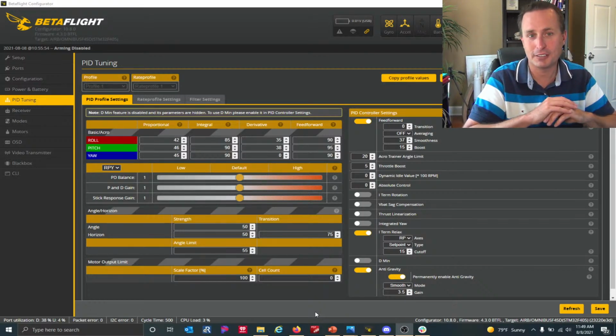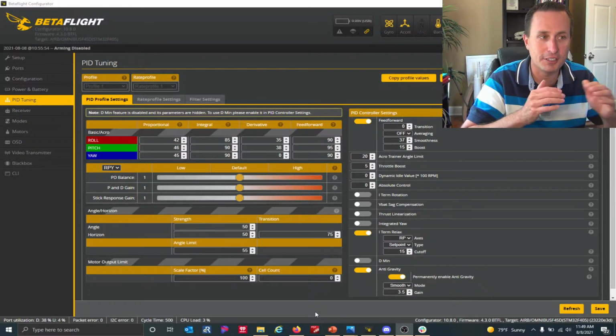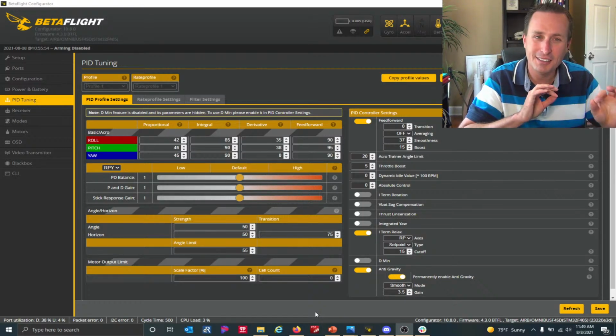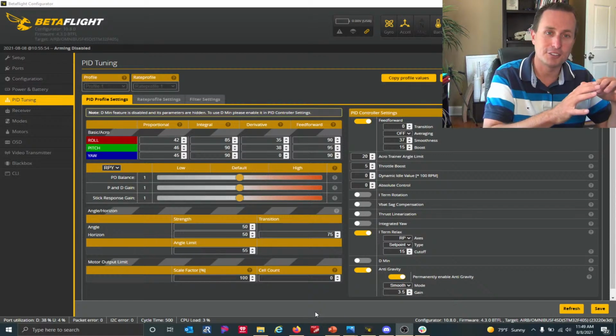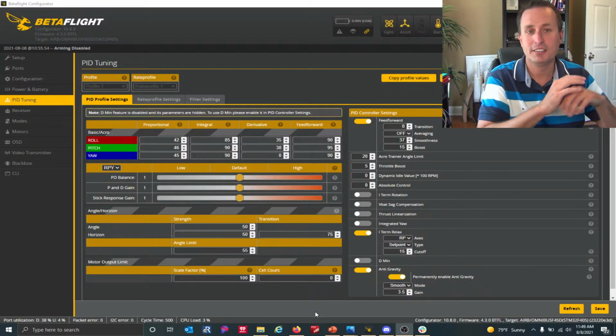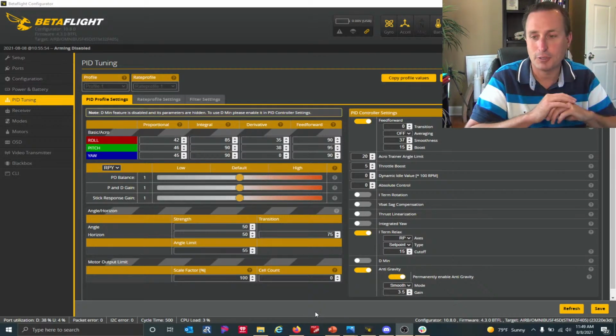Okay, then move your I-term slider down a little bit. Done. Even the best preset might not be perfect. Or the preset's really good, but I wonder if I can get a little better prop wash performance out of it. Well, increase the prop wash performance slider a little bit. See if it makes it better. If it doesn't, put it back to where it was. I start with the preset and then go from there. You make tweaks and adjustments.